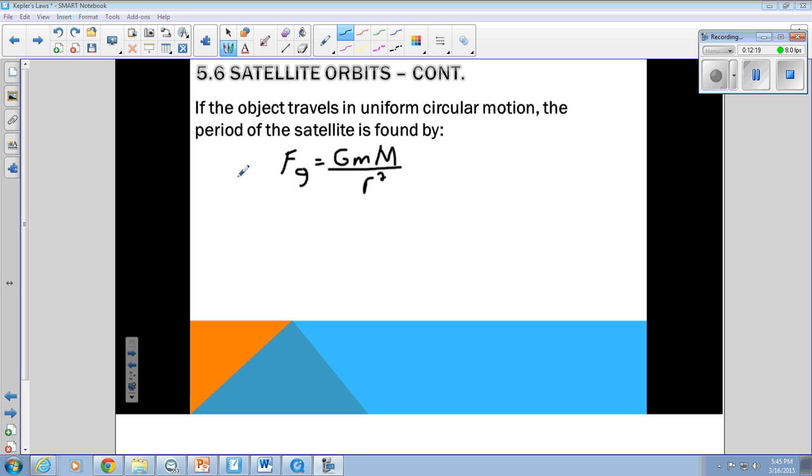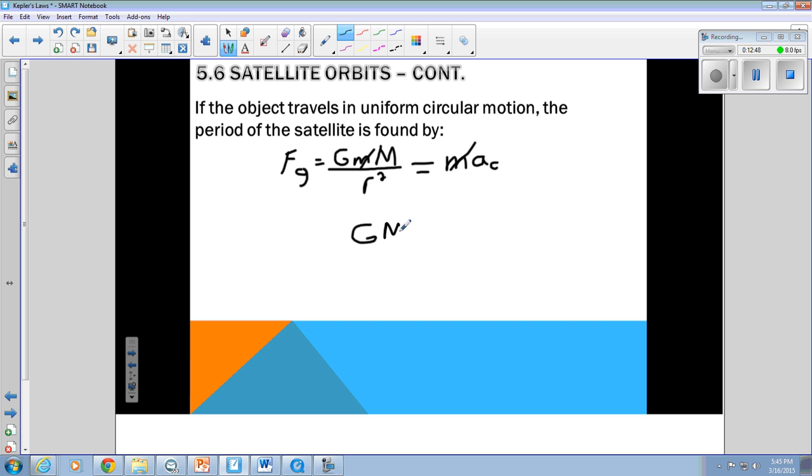Force of gravity is the gravitational constant times the mass of the small object times the mass of the big object over the radius squared. Well, that force of gravity that's acting on the little object is defined by the centripetal force, which is ma. Therefore, the little mass cancels out.